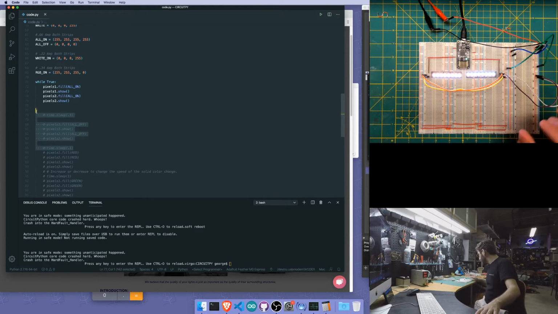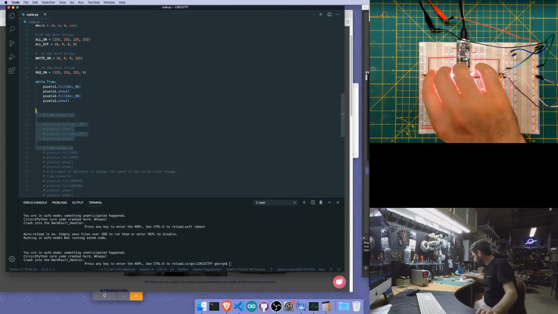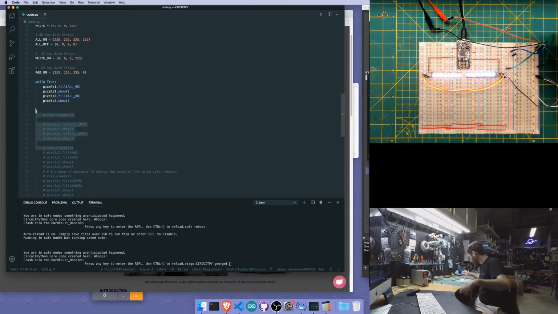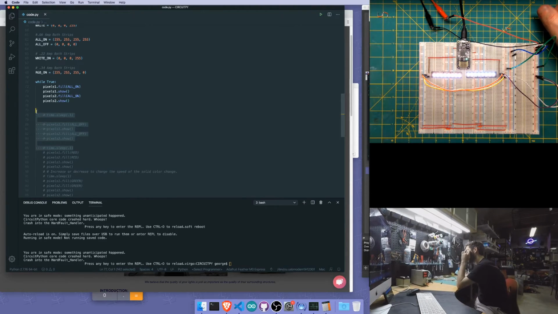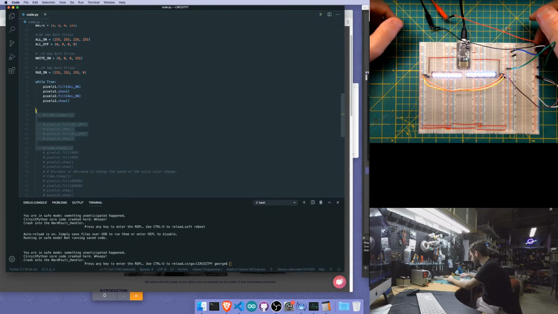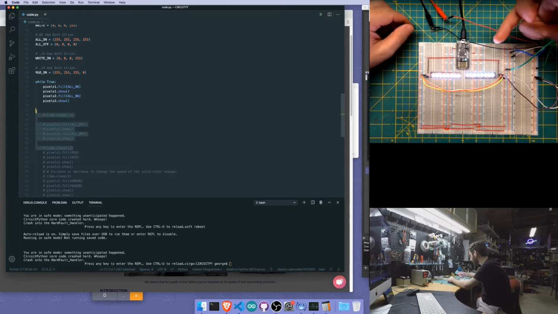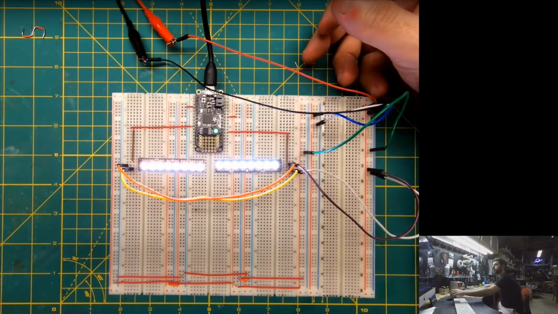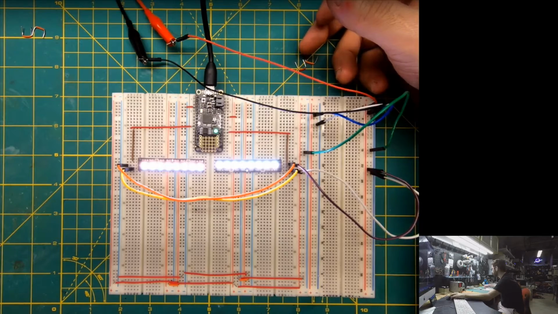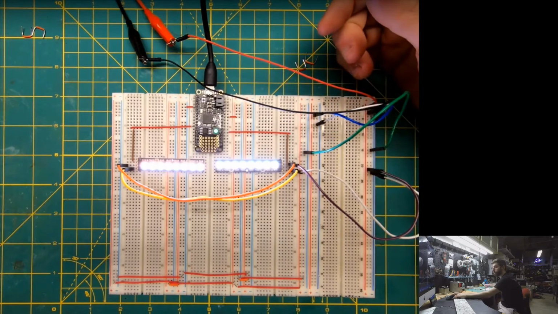Well, next time I'll probably more permanently wire these so that we can feed power. The final implementation of this obviously won't be able to pull power off of one of the pins from the board.